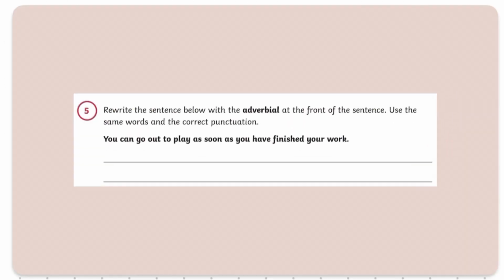Next question. Question 5. Rewrite the sentence below with the adverbial at the front of the sentence. Use the same words and the correct punctuation. You can go out to play as soon as you have finished your work. So the adverbial here is as soon as you have finished your work. So we're going to write that first.